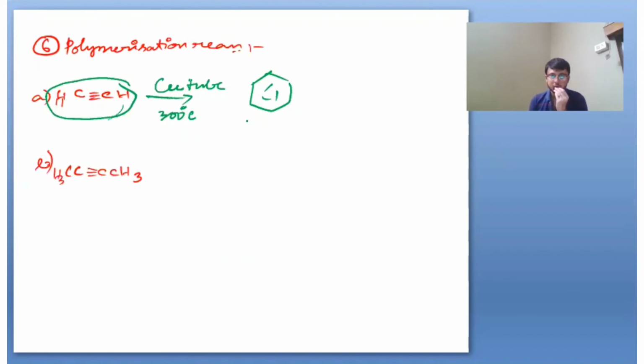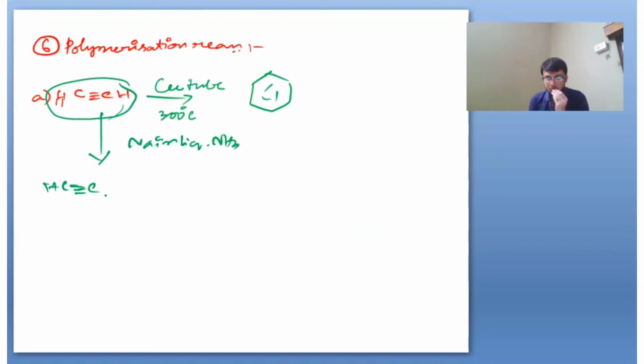Okay, so now there is another molecule given here. Now as you can see, if we treat it like this, that is Na in liquid NH3, what happens? One Na will be added in place of this acidic H. So now what happens?